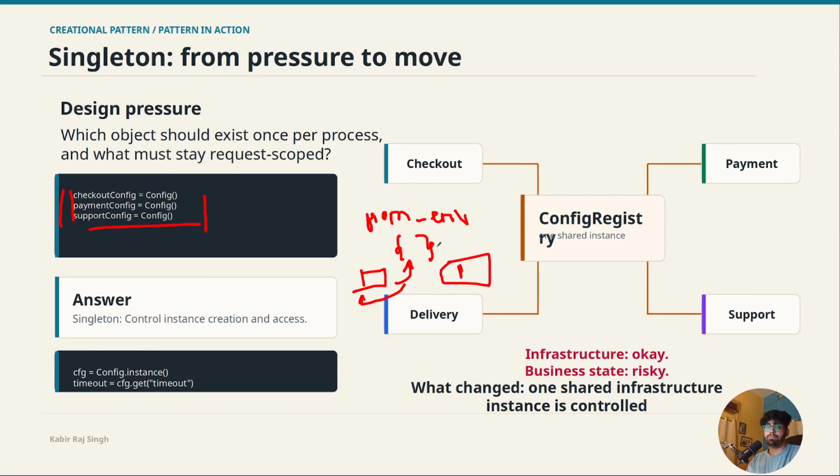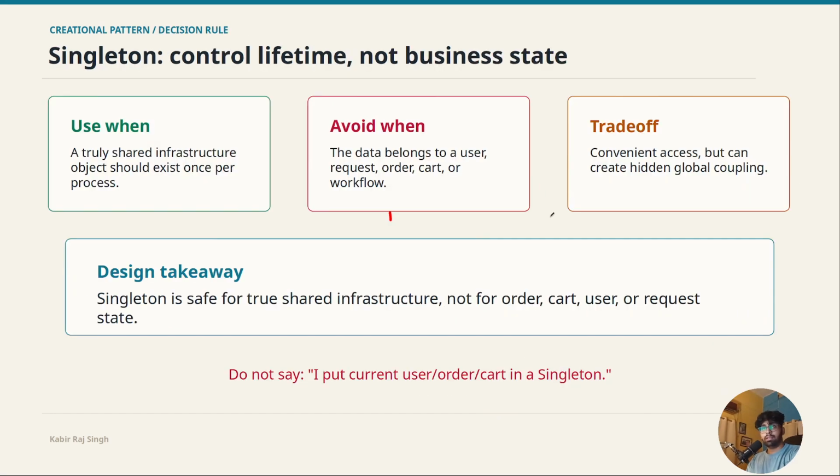This is what is generally followed in a singleton pattern. And you should use it, as I said, whenever one truly shared infrastructure object is there, and avoid it for domain data where the data belongs to a user request, order, cart, or a workflow.